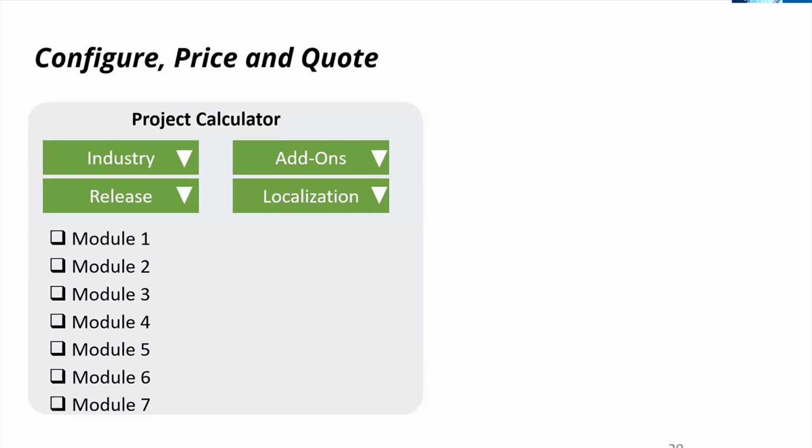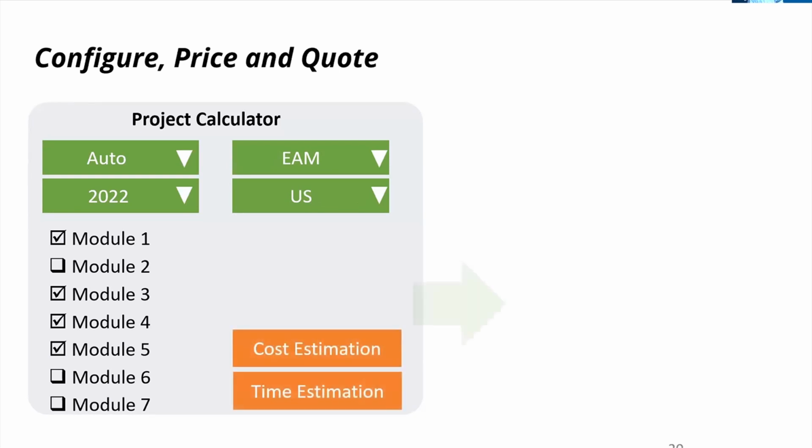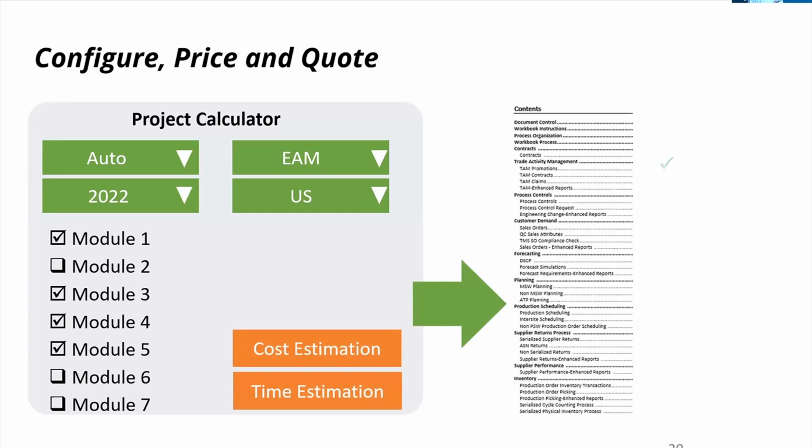So they had a configure price quote system. They are an online ERP system. You can choose the category, and then you could choose the modules that you actually wanted for your particular deployment. And then this would build a cost estimate and a time estimate and give you a table of contents, which was great.